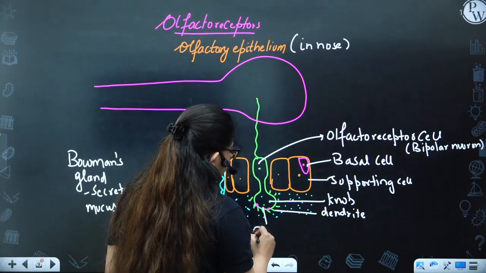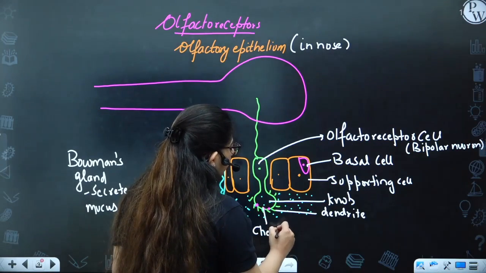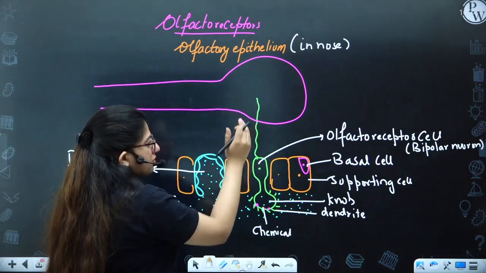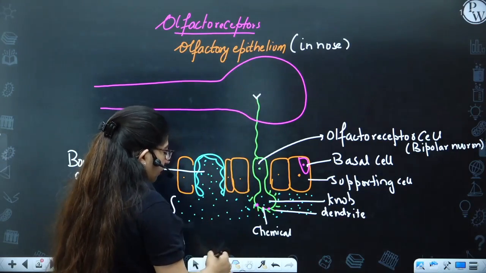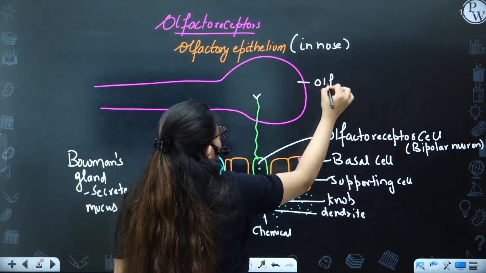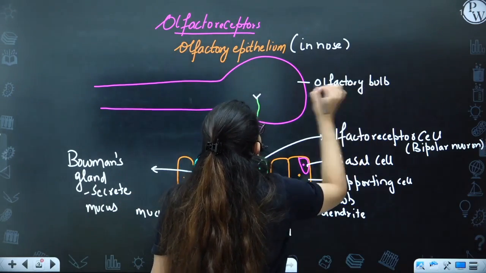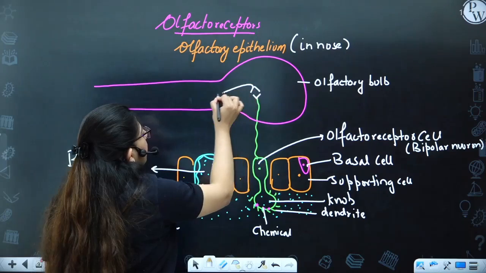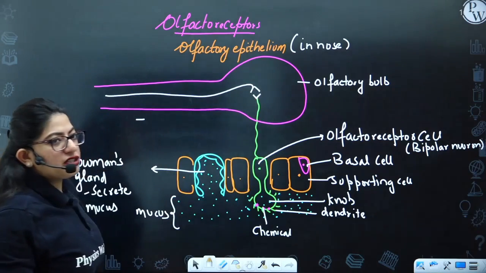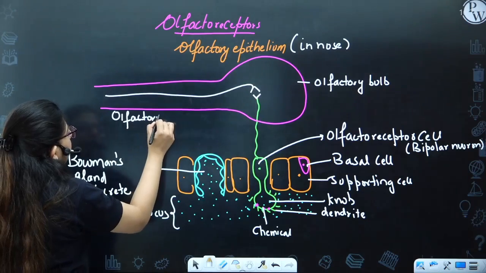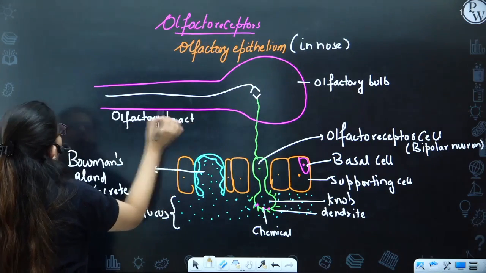When it gets attached to this dendrite, the depolarization occurs, and this nerve impulse goes through this nerve to your olfactory bulb, the olfactory lobe. Here the synapse is formed, and this information is taken through the olfactory tract to your brain.